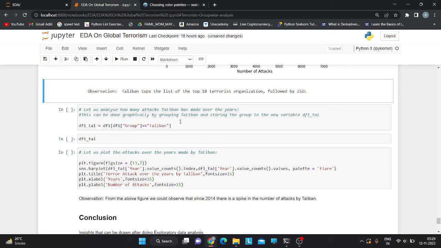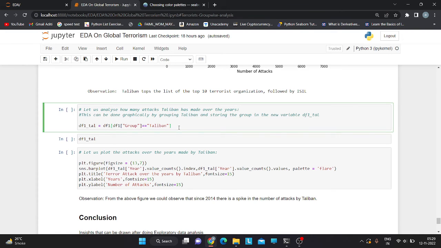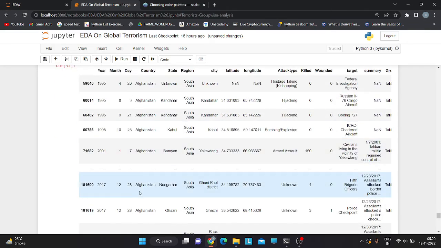So particularly we are going to understand how many attacks over the years Taliban has made. So we are going to group Taliban into a different data frame to make our analysis simpler. So we have given the name df1_tal, with df1 group equal to Taliban. So this is the data that we have.